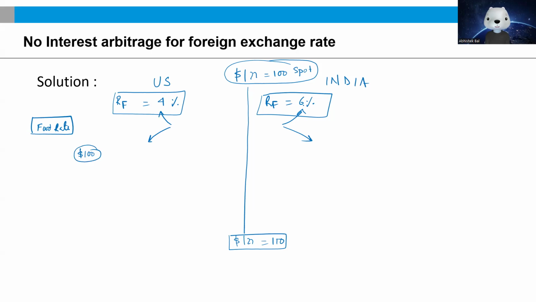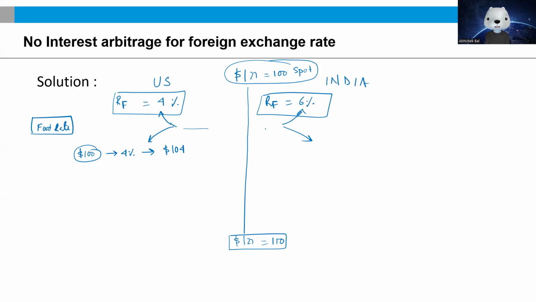And I decide that since the 6% rate of interest seems to be more lucrative, why not invest there? Because if I borrow in US dollars, then at the end of the year I'll have to pay 4% plus the principal that I borrowed, which tallies to $104. But if I invest there, let's see what happens.